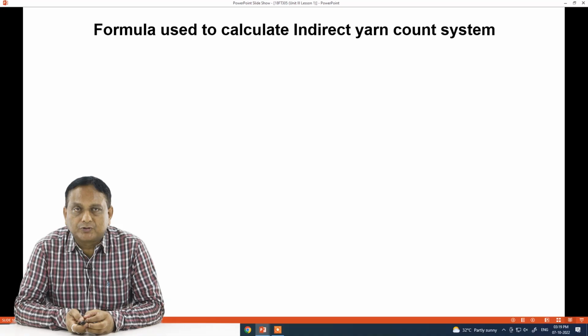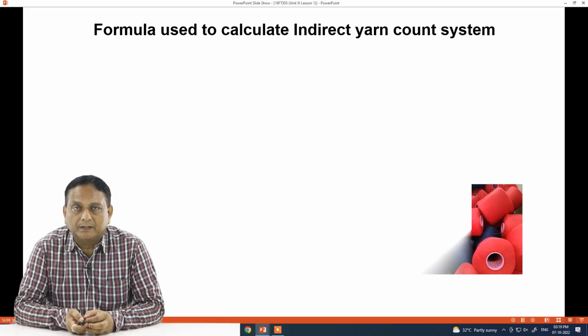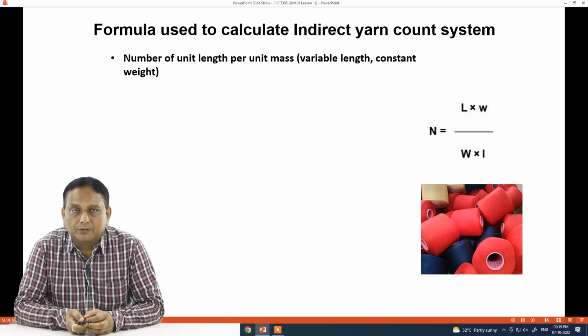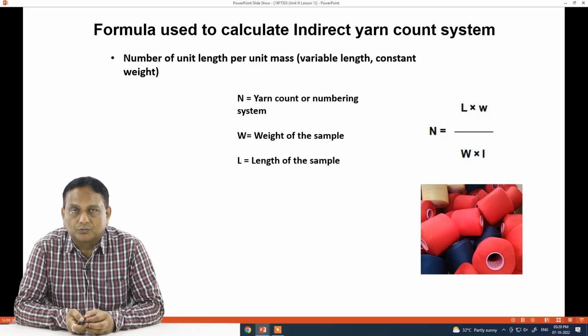Now the formula used to calculate the indirect system. What is the formula for calculating this yarn numbering system in the indirect way? This is L into W is equal to W into L, the number of unit lengths per unit mass. So variable length, constant weight, that should be the motto.